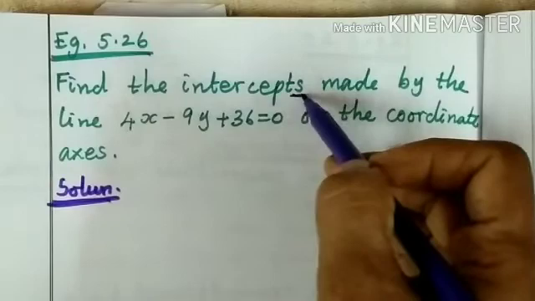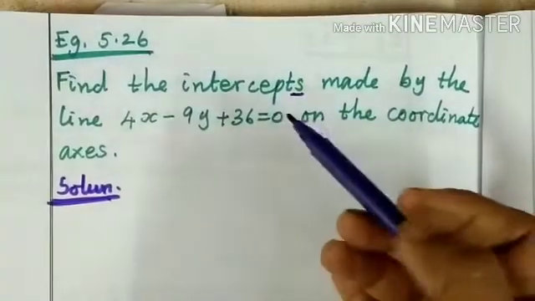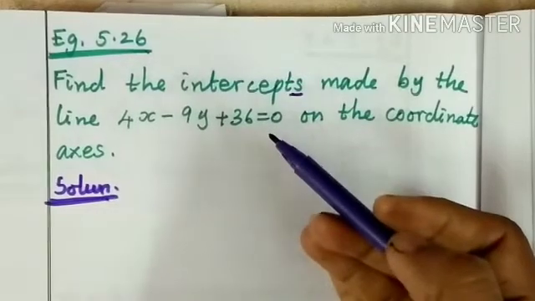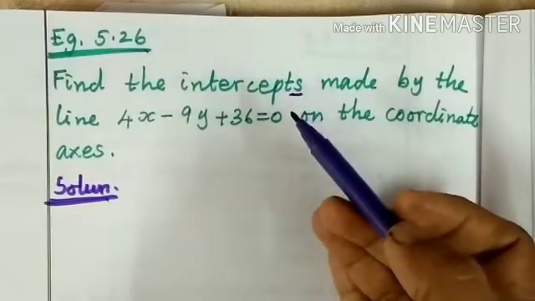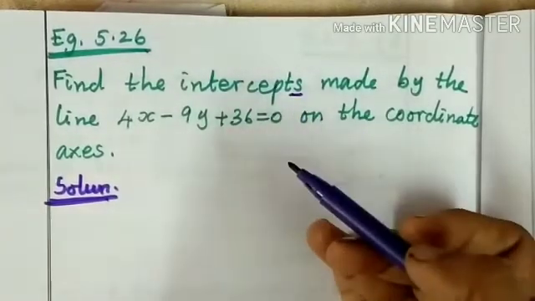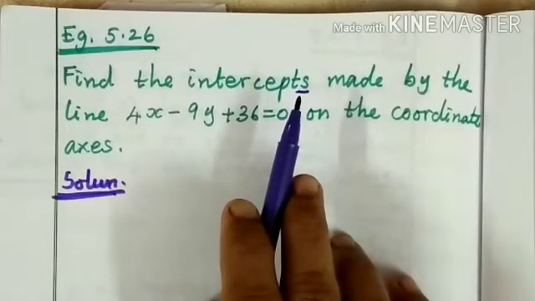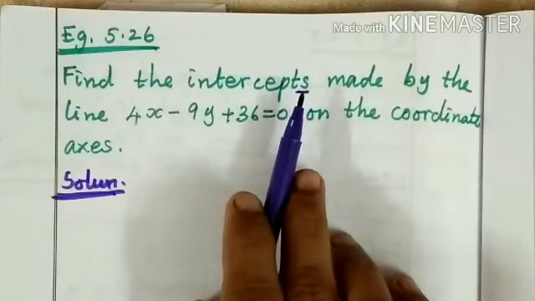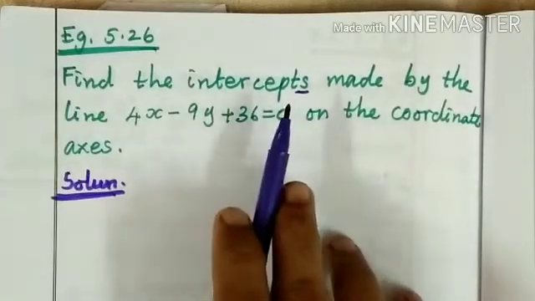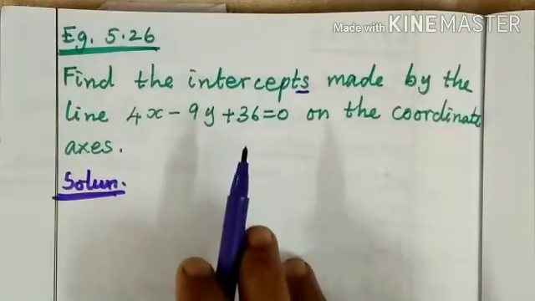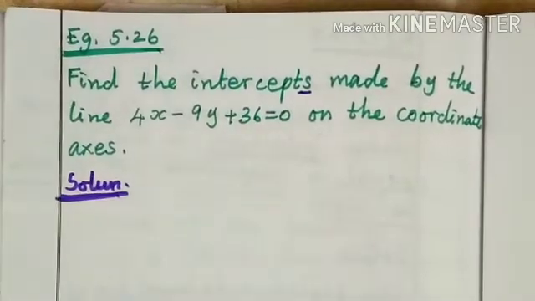Then you have to find the x-coordinate and y-coordinate, that is x-intercept and y-intercept. Which formula do you have to use? Yes, intercept form, that is x by A plus y by B is equal to 1. Let us do the solution.